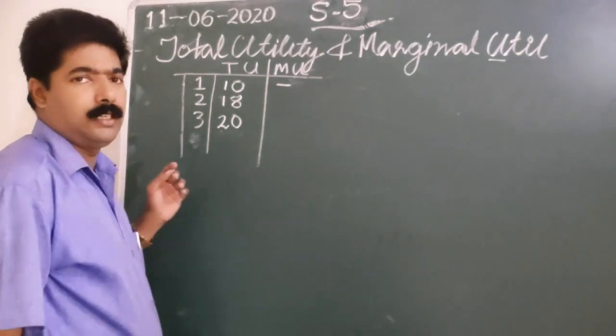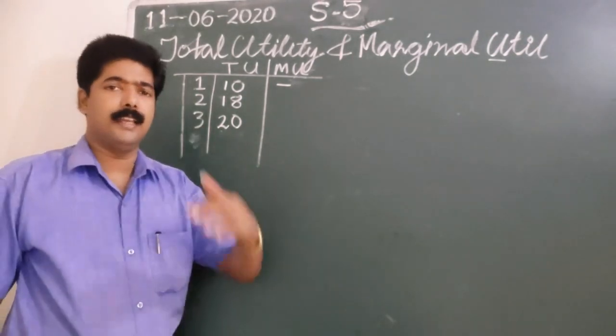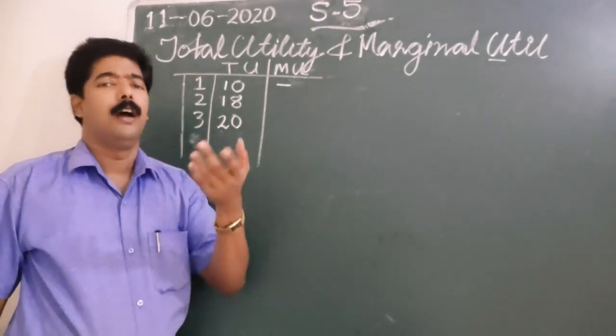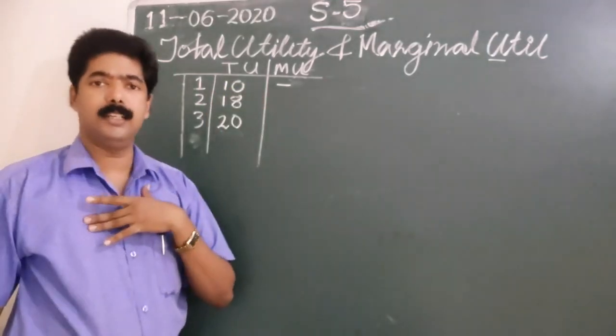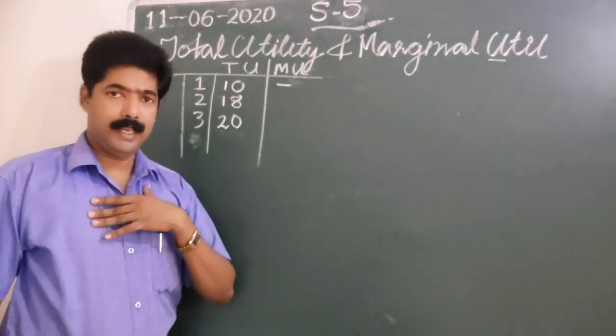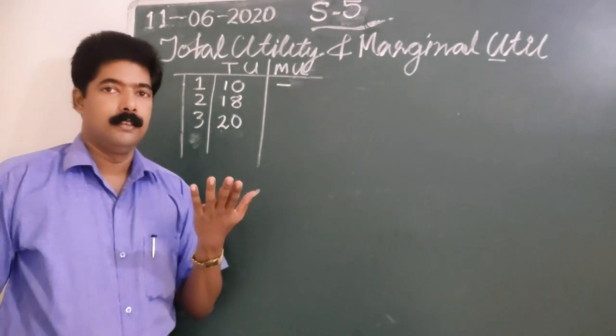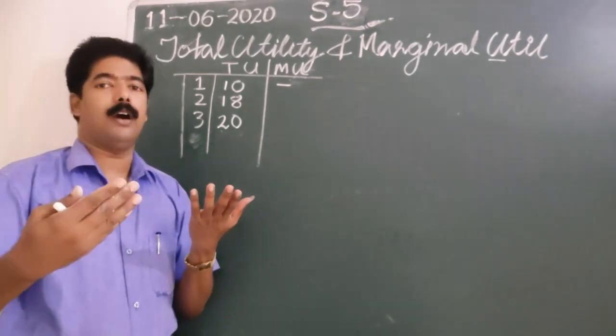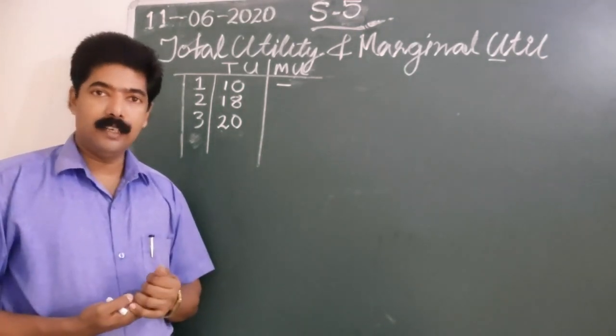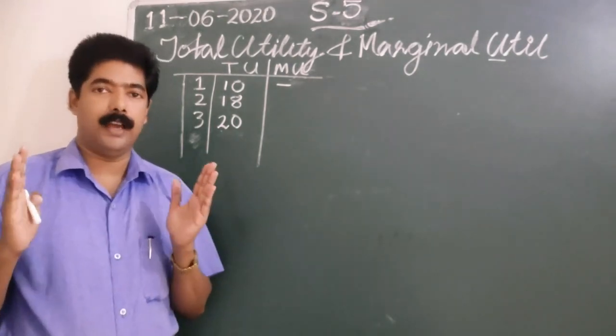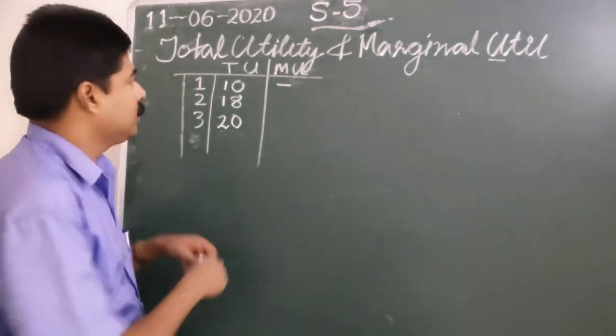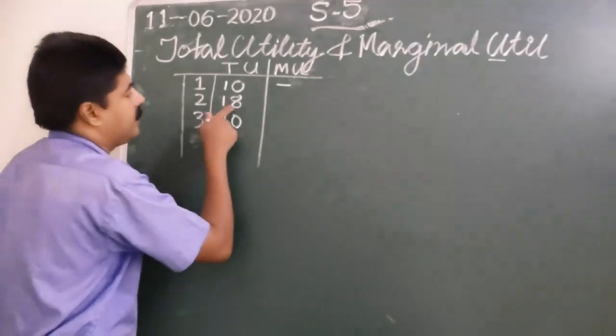No additional utility, because in the initial stage I consumed only 1 mango and I got utility 10. That is my total utility. When my consumption increased and I consumed 1 more mango, whatever satisfaction is added to the total, I am getting 18.